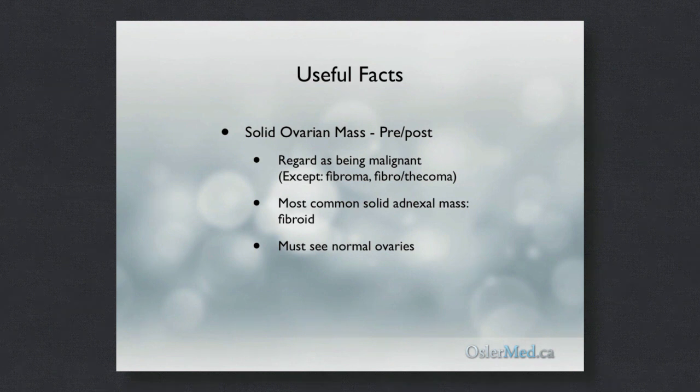have other comorbidities. But the twist on this rule is that the most common solid adnexal mass is not an ovarian mass. It in fact is a subserosal fibroid arising from the uterus and extending into the adnexa. But before you're comfortable calling a mass a subserosal fibroid, ideally you should document a normal ovary on each side.